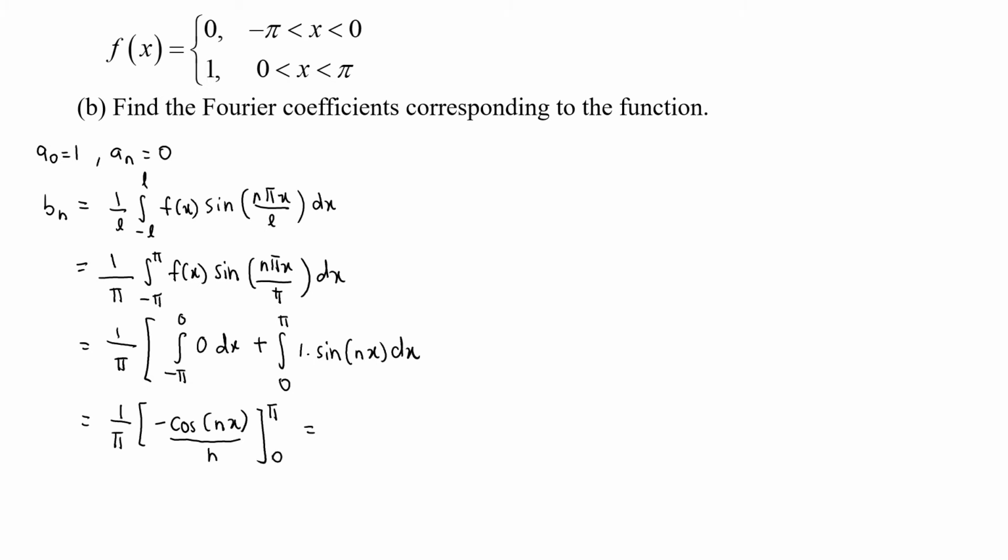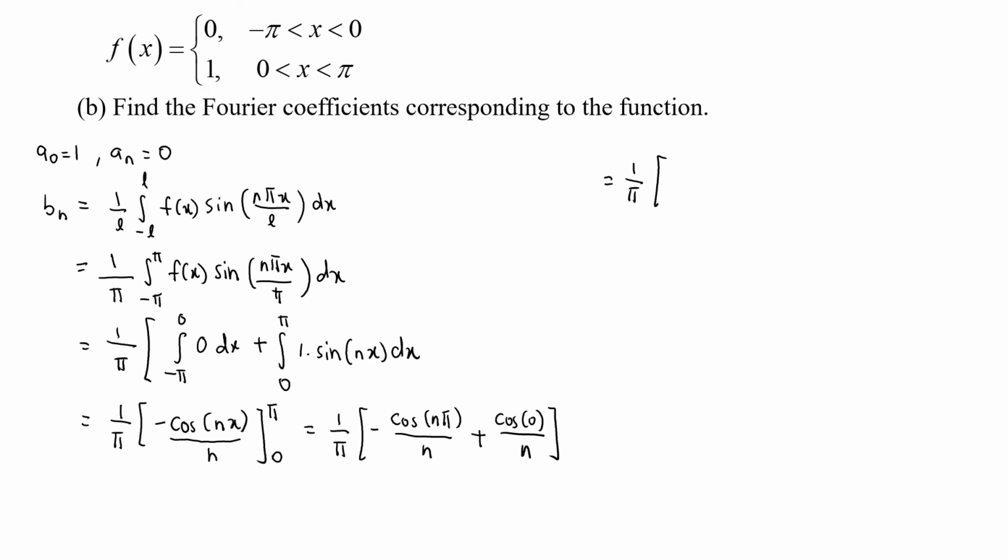So this can be written by substituting x with pi and 0, so we get cos(n pi) over n minus, negative becomes positive, cos 0 over n. So this will be equal to 1 over pi.